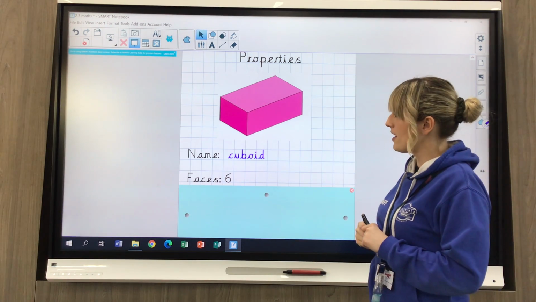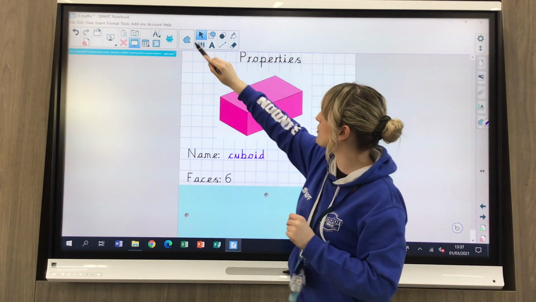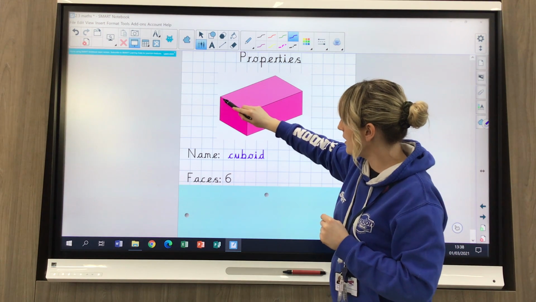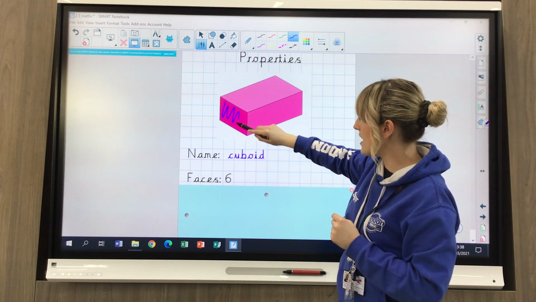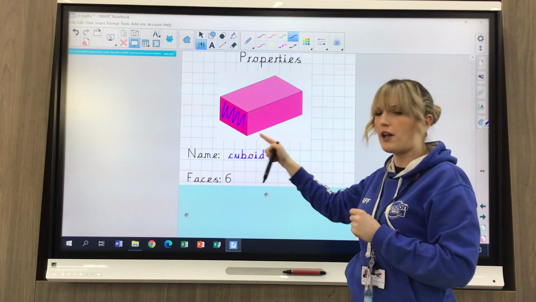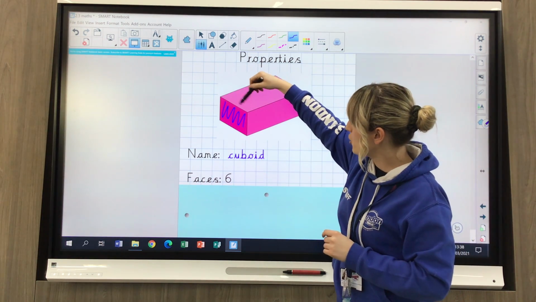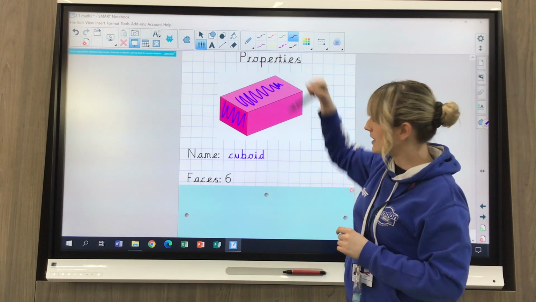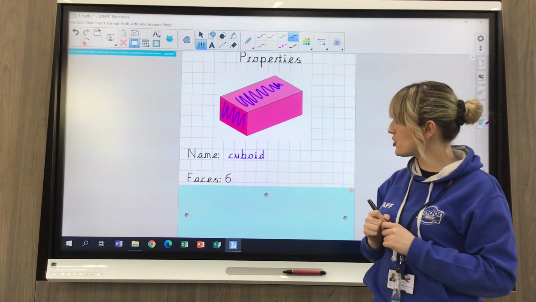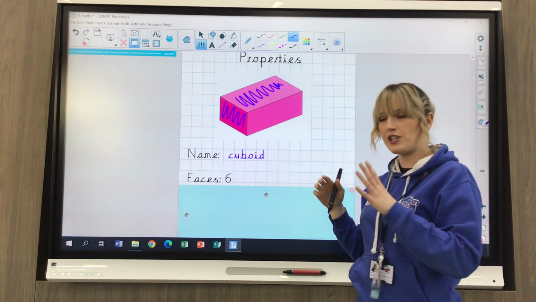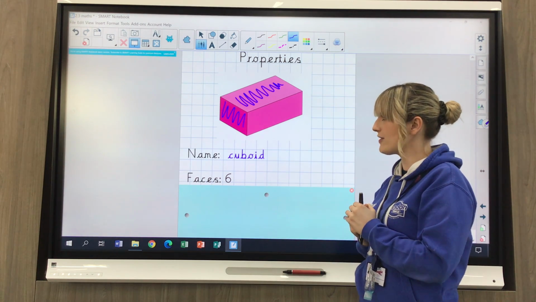Now remember, the faces, and I'm going to do a bit of scribbling on this one, is the 2D shape that makes up the 3D shape. So that's 1 face, that'd be 2. Now we can't see all of this shape, can we? But imagine that cuboid was right in front of you.